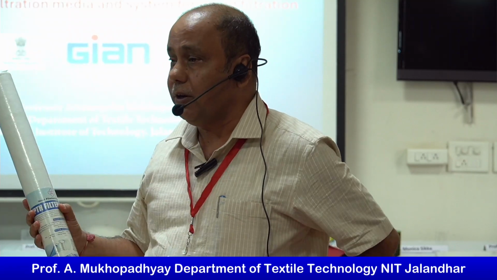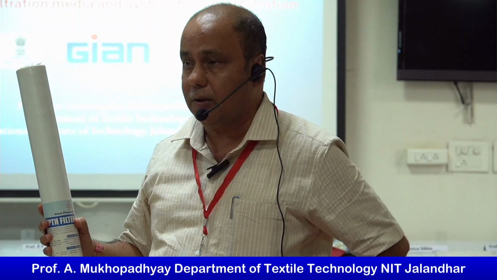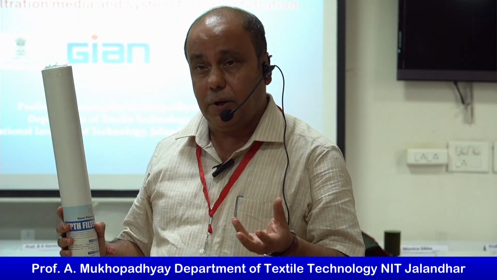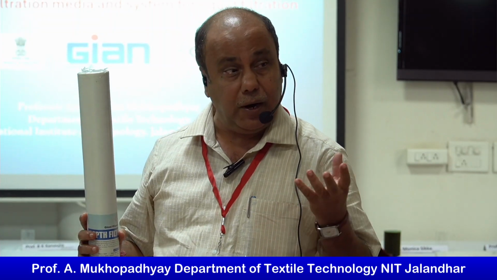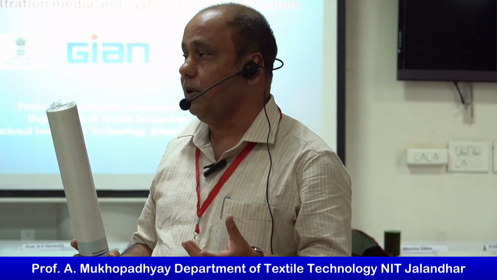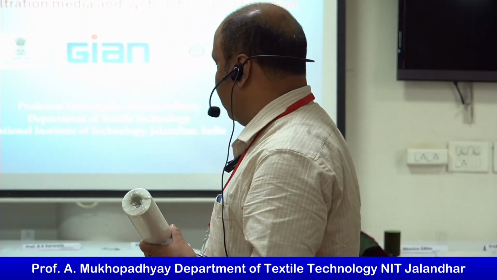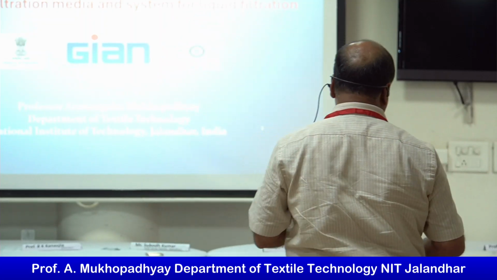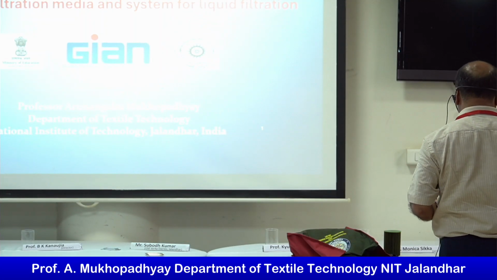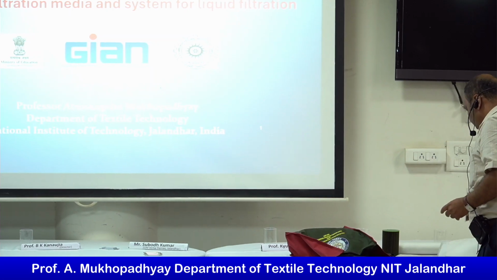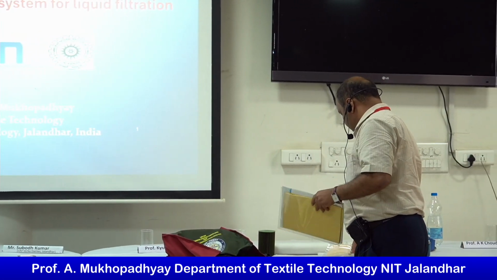So it is used primarily for drinking water filtration, because the contamination level will be much lower. Depending on the contamination level, we have to select the right kind of separation unit. This is another system developed for the separation of particulate matter.